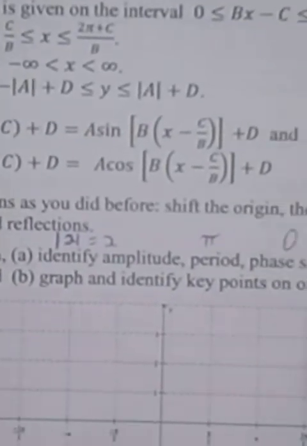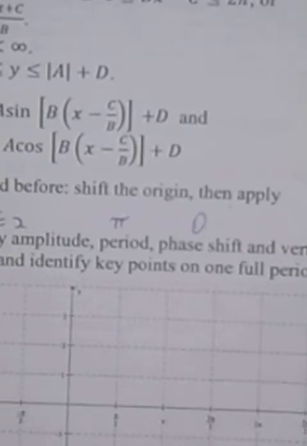Okay, so let's graph this. 2 sine 2x. So instead of going from 0 to 2 pi, I'm going to go from 0 to pi. It's the sine wave. The way I'm going to do it is, if you remember, we talked about hilltops and valleys. Remember, the sine wave starts at 0, 0, and then gets a hill from 0 to pi usually, and then a valley from pi to 2 pi.